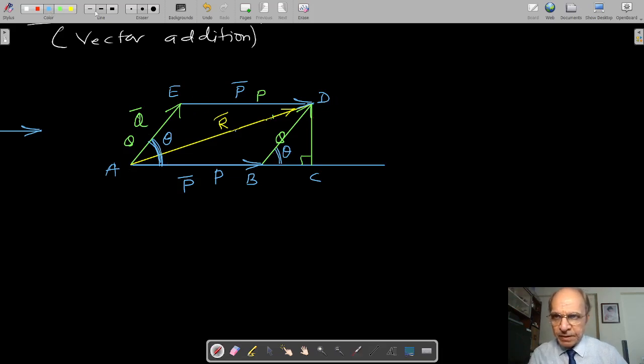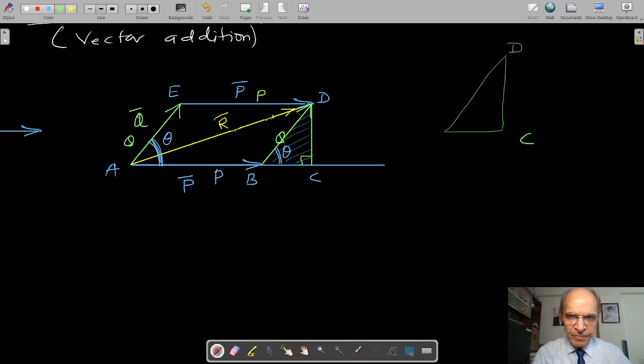Now look at this triangle. I will draw this triangle separately so that it is clear. This is D and C, and this is B, and this angle is theta, and this length is Q. Now what will be CD? CD over BD is equal to sine theta.